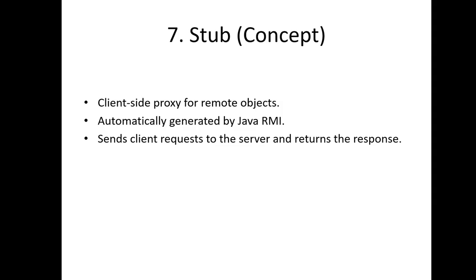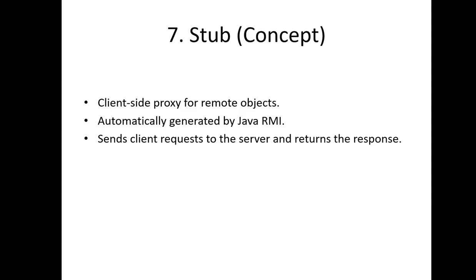It doesn't have any code of your own, and it is automatically managed by RMI. It acts like a middleman between the server and client. Whenever the client calls a method, the stub sends that request to the server and then waits for the reply or acknowledgement from the server.